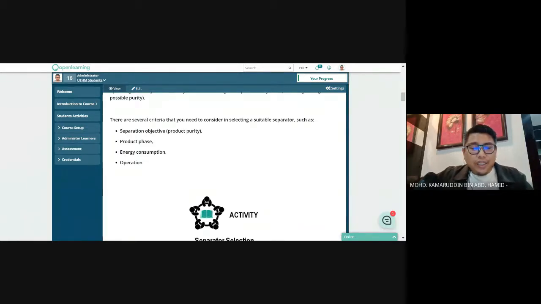So this is just additional. If you want more detail on this, then you need to have a separate class. I have a separate class for this energy consumption selection and how you select a distillation separator based on energy consumption, also the separation operation. But in your plant design, these first 2 should be the ones that you need to consider when you want to select your separator.